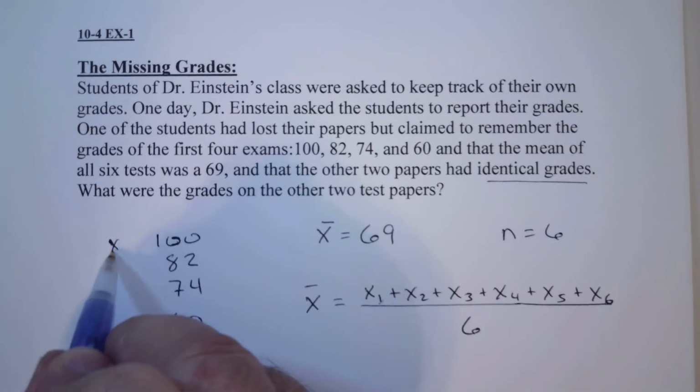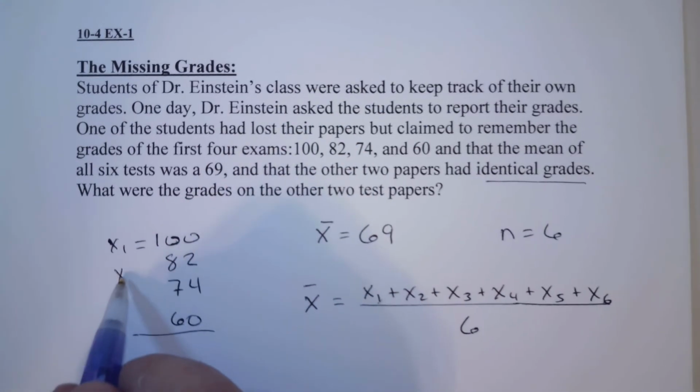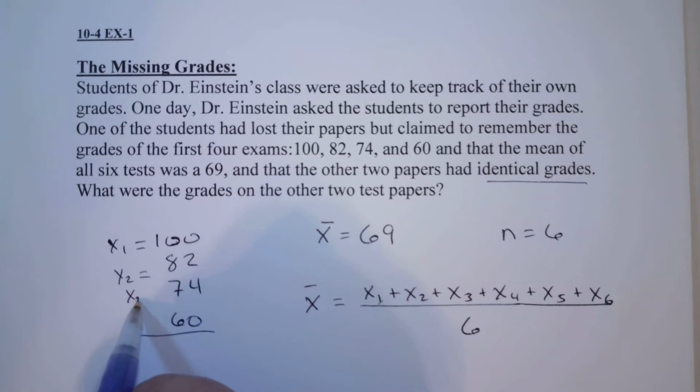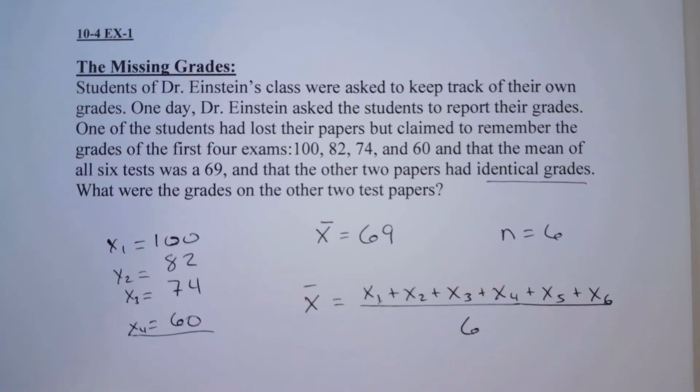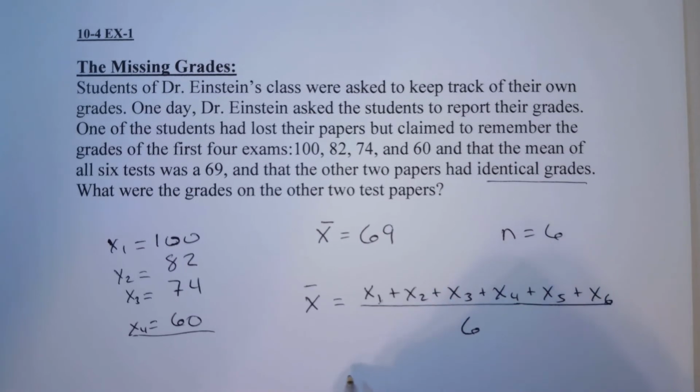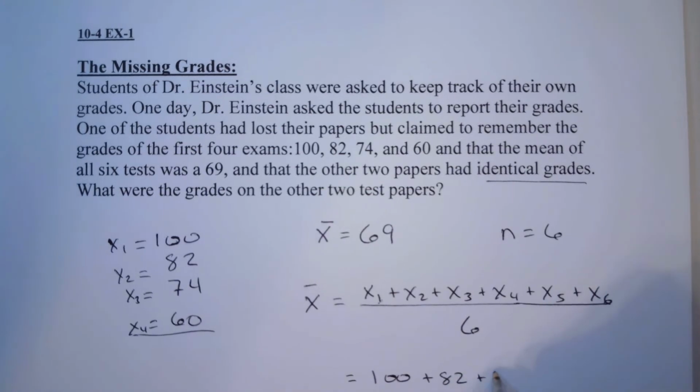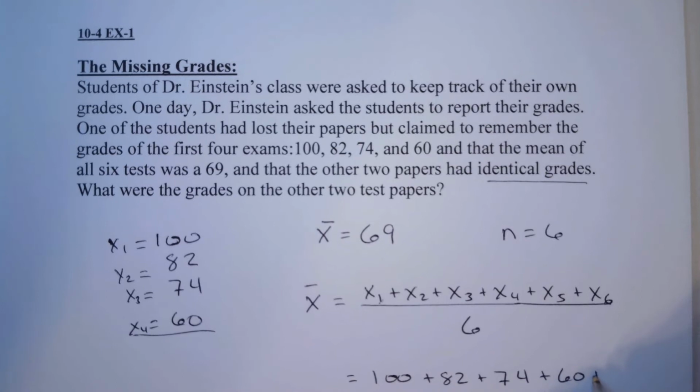This is our first grade, this is our second grade, this is our third grade, this is our fourth grade. So we have 100 plus 82 plus 74 plus 60 plus 2 more.